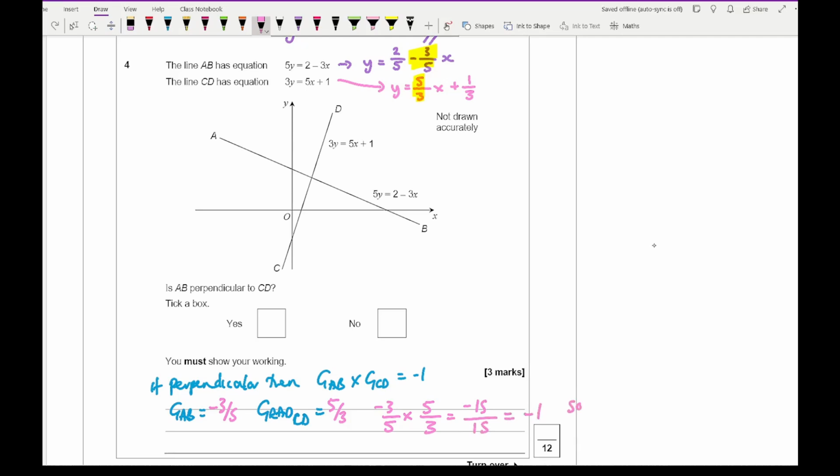So yes, they are perpendicular. I think it's right. So as the gradient of AB times the gradient of CD equals minus 1, they are perpendicular.